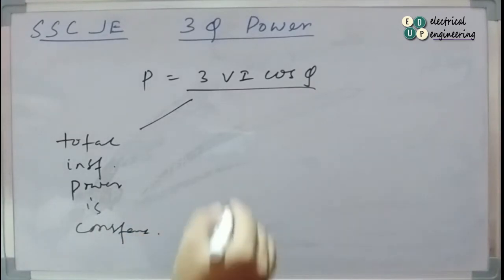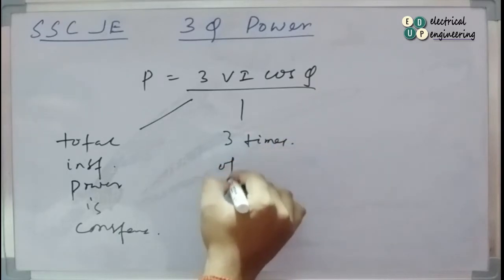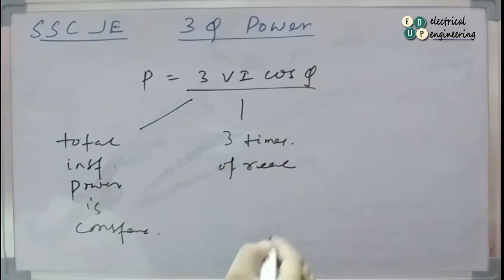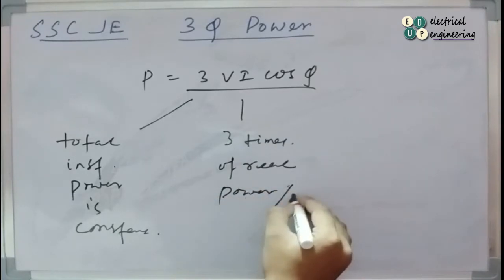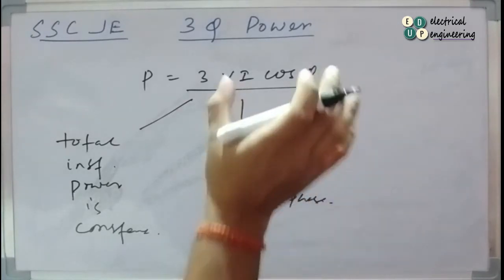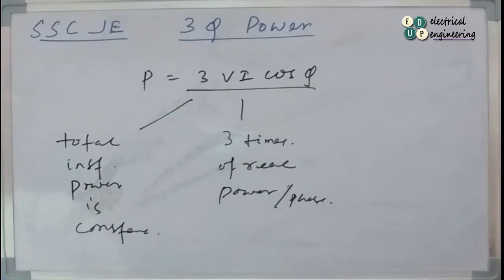Second, you are getting 3 times the real power per phase. If the phase power is V I cos phi, you are getting 3 times that, that is 3 V I cos phi. And the third conclusion is that the sum of reactive power at any instant is 0.